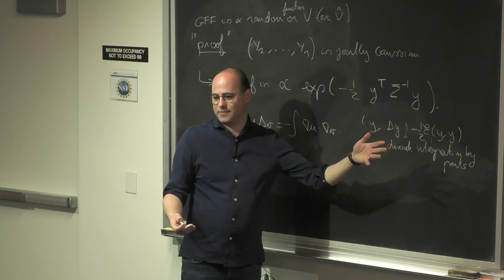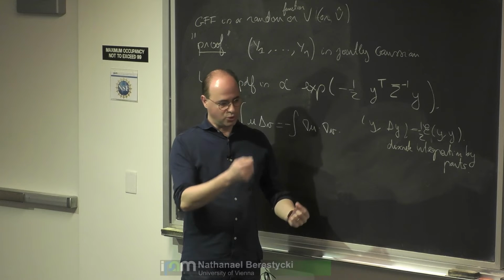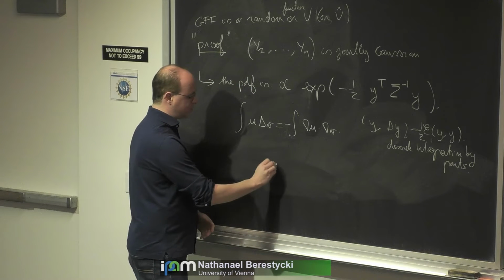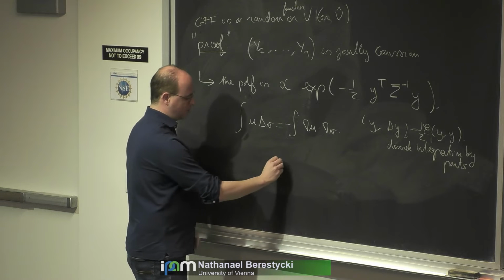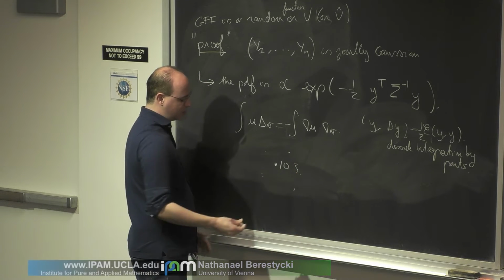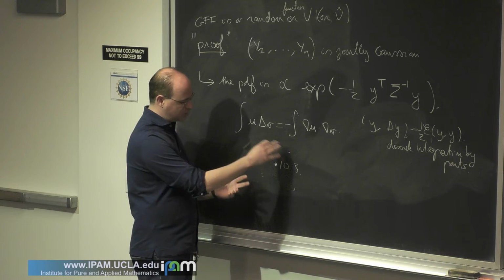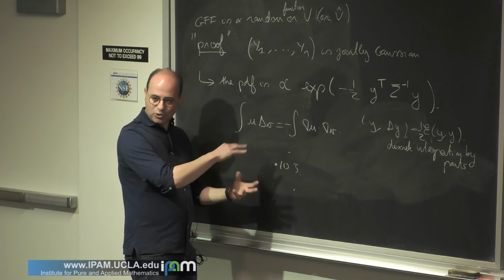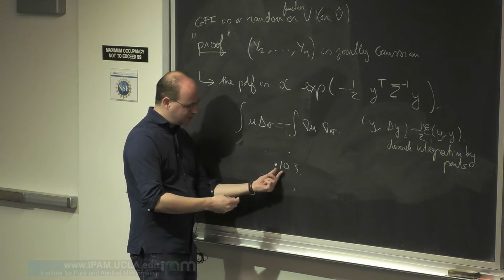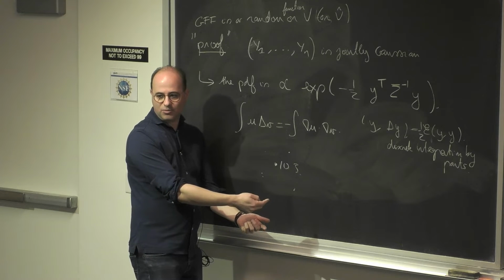But for a finite graph, because the values are continuous, if I look at the value at a point here, maybe it's 10.3, I don't know, and the values at the neighboring vertices, because the law is continuous, there's probability 0 that that value happens to be exactly the average of the neighboring values.